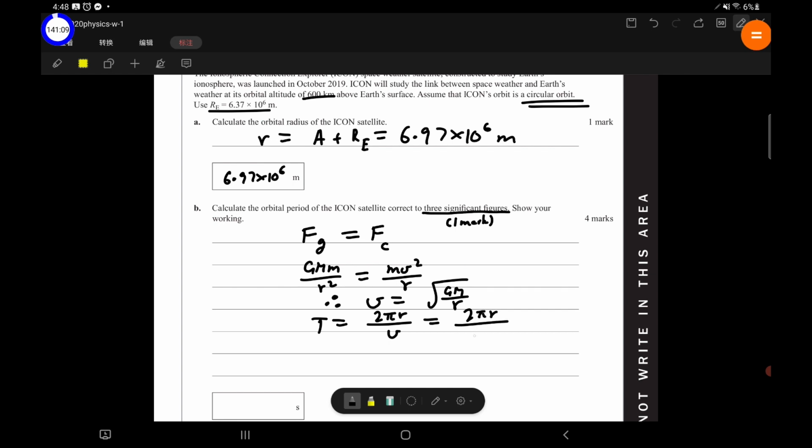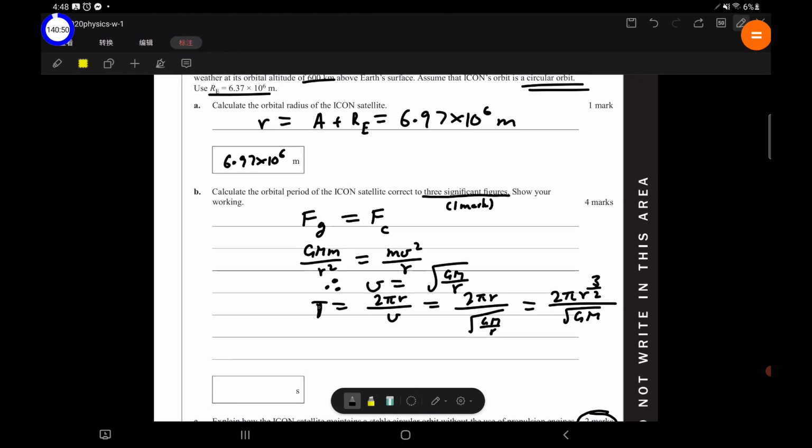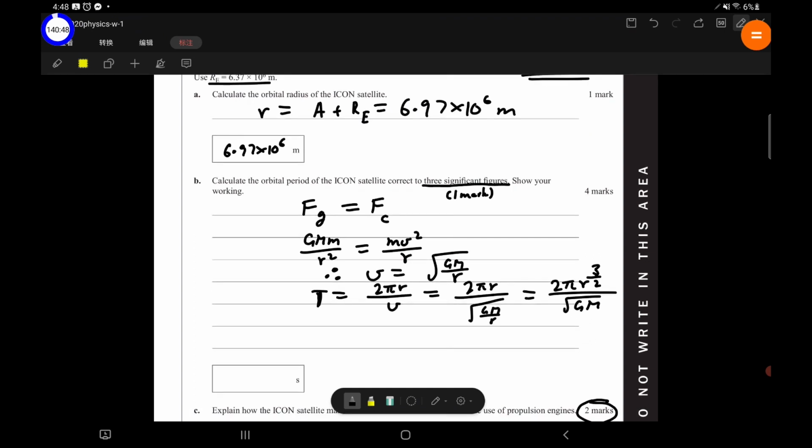And so merging these equations together, we will get an equation that is entirely dependent on our radius, right? Since the other constants, like the mass of the Earth and big G, are always constant no matter what. So that's pretty cool if you think about it. It's only the radius that determines the period of our satellite.